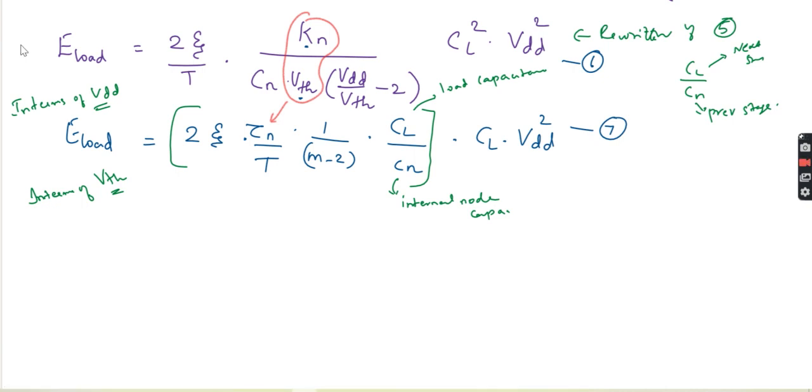So in the same way, what you have to do is, instead of taking VTH common in this E load expression, you have to take the VDD as common, then you have to work it out.